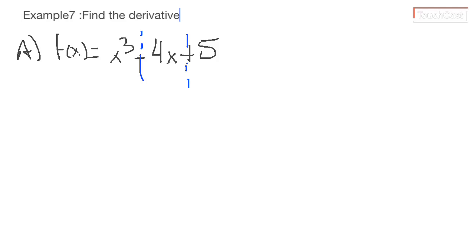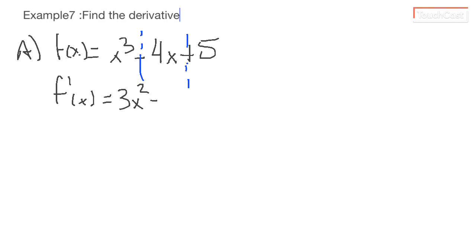So when we're finding f prime, we're going to first find the derivative of x cubed. Based off the power rule from 2 videos ago, the derivative of x cubed is just 3x squared. Now we're just going to keep that minus and bring it through.